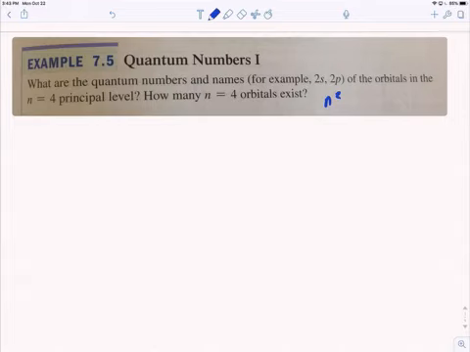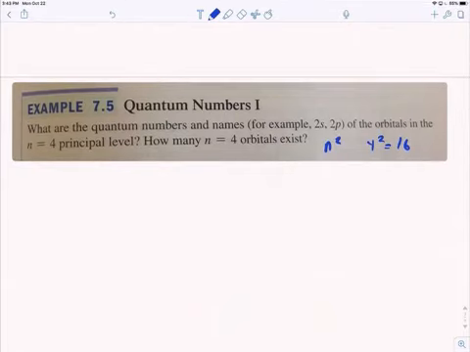So I already know that it's going to be 16, but I'll go ahead and verify that for you. 4 squared, because n equals 4. That's from the Bohr model. It's not listed in there. I'm just telling you that that's what the Bohr model will predict, and it actually will be 16.